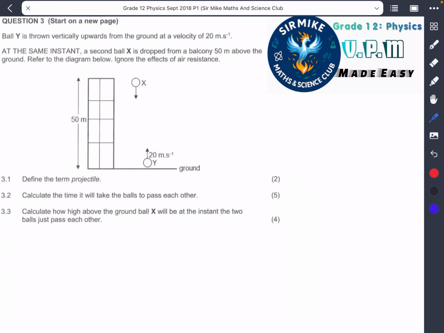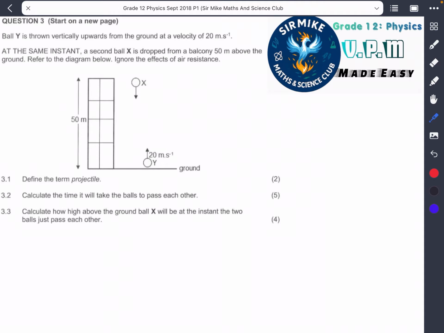Sometimes you just write the term projectile and sometimes projectile motion, but those are simply the same thing. Projectile motion is any object that has been given an initial velocity and moves under the influence of gravitational force only.